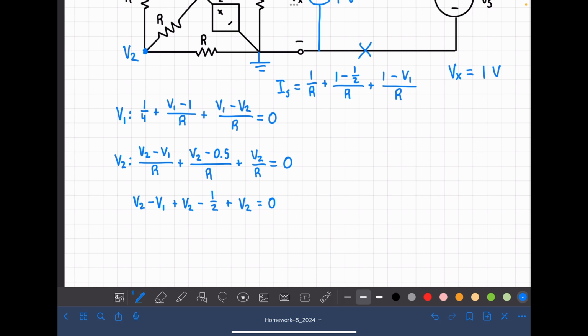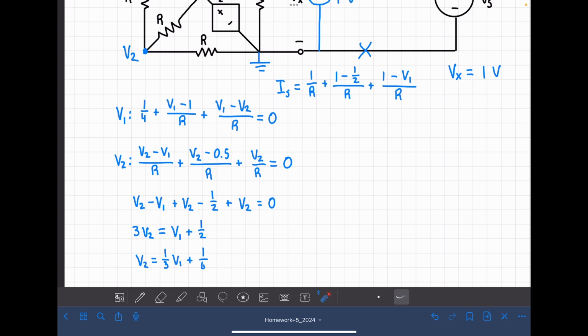We have 3 V2s, and that is equal to, bring our V1 and our half over. So we get V2 is equal to 1/3 V1 plus 1/6.